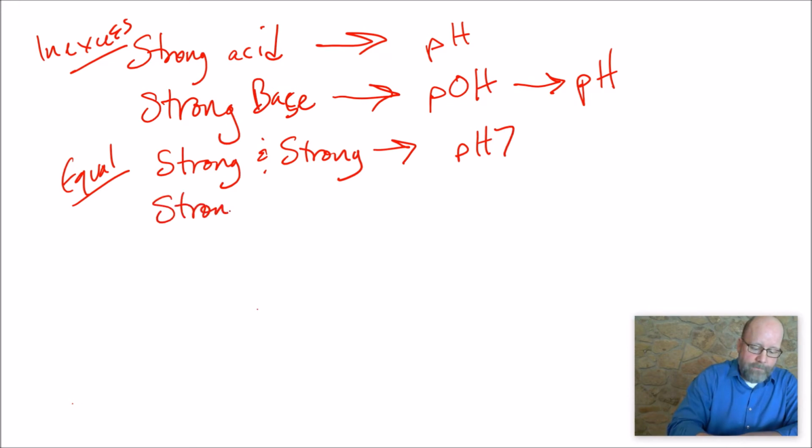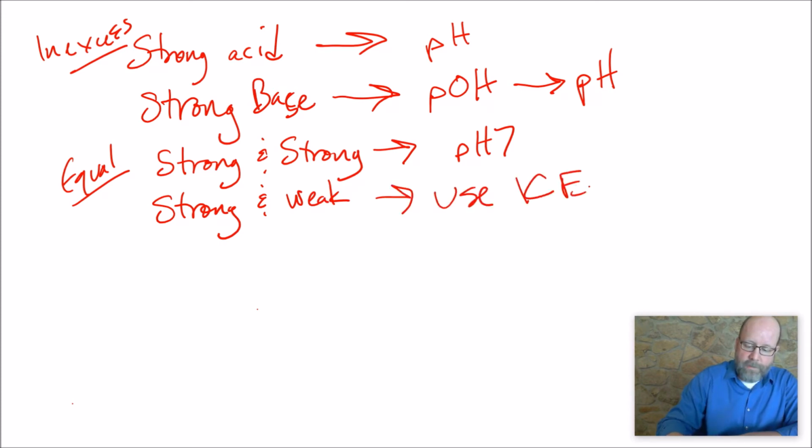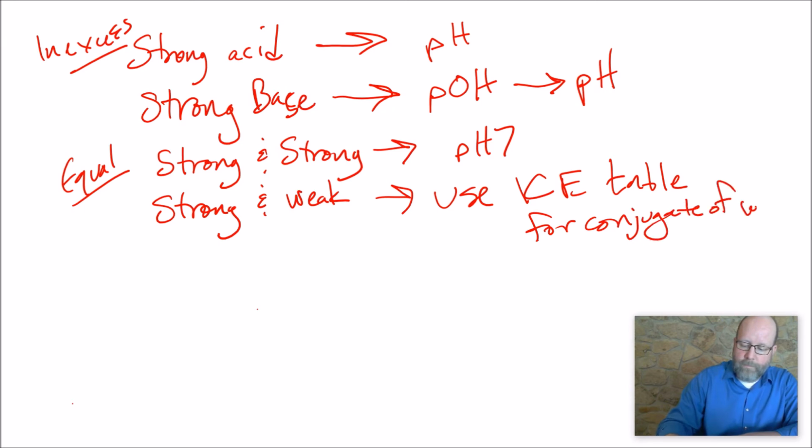Strong and weak, then you need to use the conjugate, use an ICE table for the conjugate of the weak. And that's a little bit weird, but if you go back, we did some of those problems. It was before all this happened.